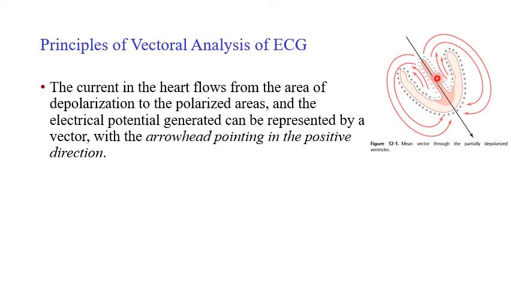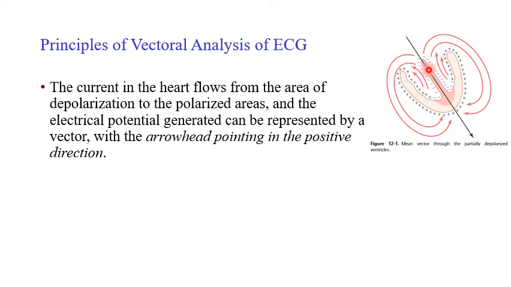And as we discussed before, this graph shows the negative charges that are on the surface, which means we have positive inside the cells. The beginning of depolarization, we all know that it starts with positive charges on the inside of the cells.